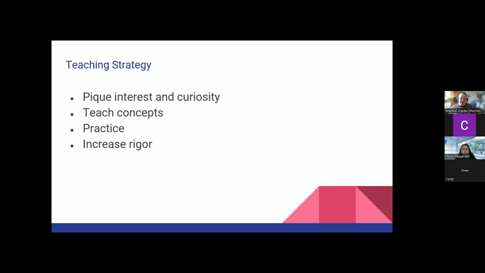The reason we go from concept first to algorithm and not the other way around is students need to know what these topics are before they can apply them, before they know when to use a rule. And so you see here, pique interest and curiosity. We're going to teach concepts, practice examples, and then talk about increasing the rigor.